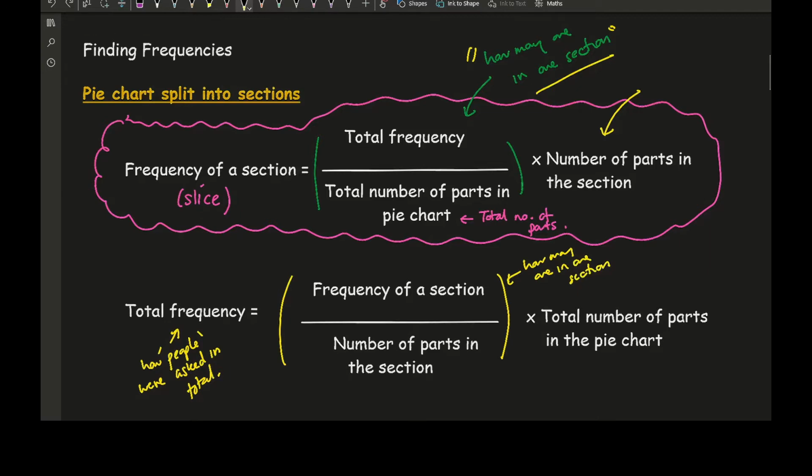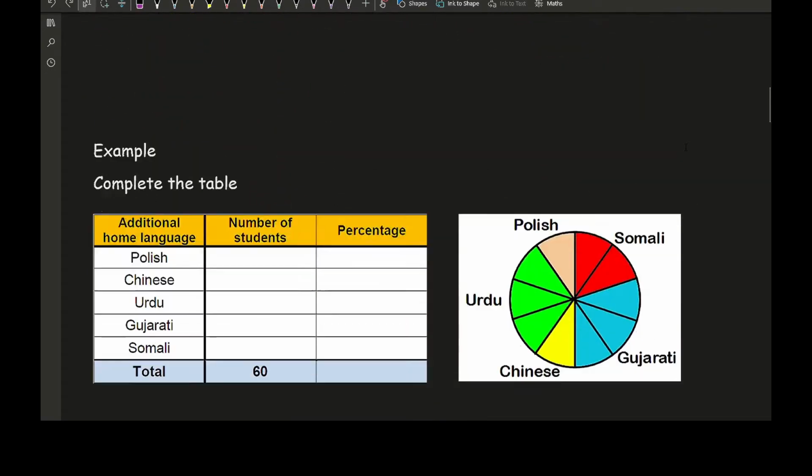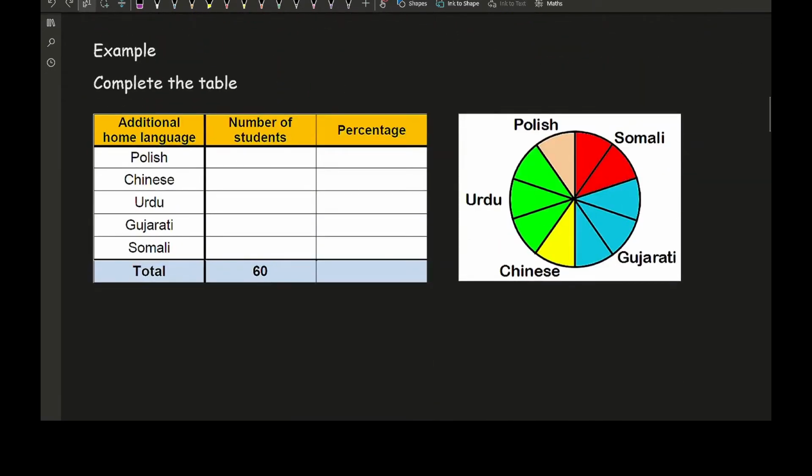So let's put this into practice with some questions. This question says we need to complete the table, and the columns that are empty are the number of students and a percentage. So straight away I can see that in this particular pie chart I've got a total of 10 sections. It also tells me that the total frequency is 60.